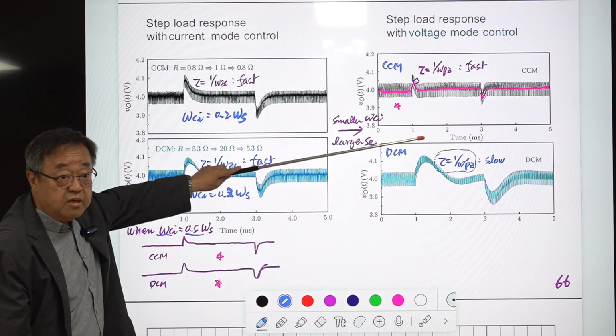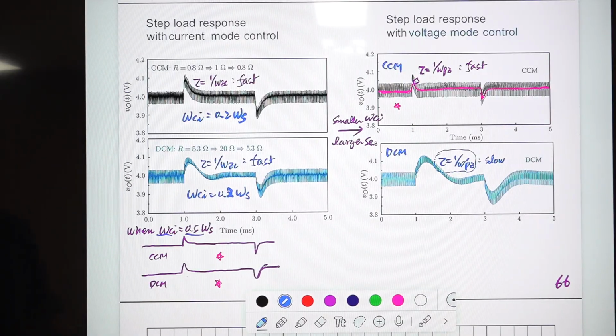Understand this? Okay. So current mode control is way better than voltage mode control.